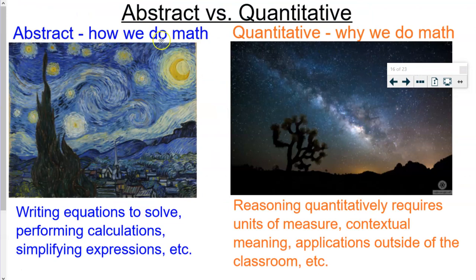Abstract is how we do math, where quantitative is why we do math. And of course, I don't expect you to duplicate these photographs in your own notes, but you might want to remind yourself that abstract is like Van Gogh's Starry Night. And quantitative is like a photograph of the galaxy.